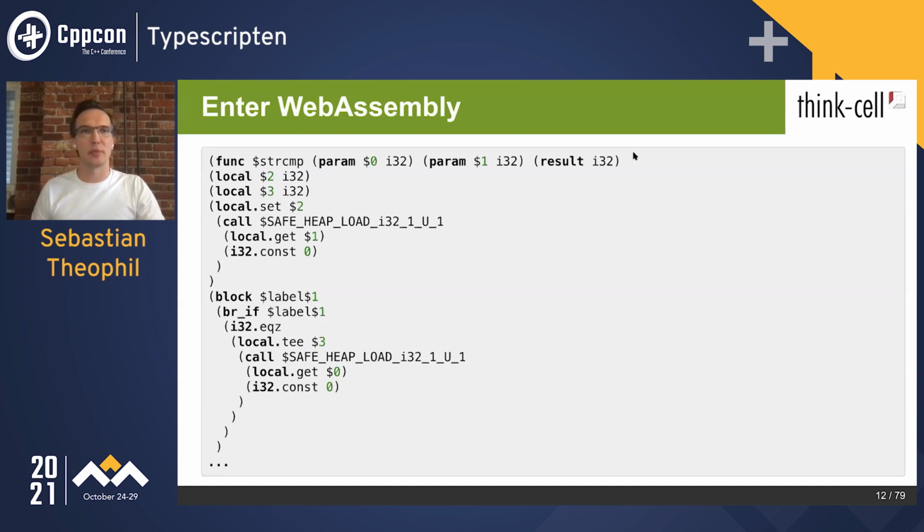So this is the text representation for the string compare function from the C runtime. And here the two parameters, parameter 0 and parameter 1, they would of course be pointers to zero terminated strings. So they would be pointers to locations in the WebAssembly memory buffer that the WebAssembly module has.